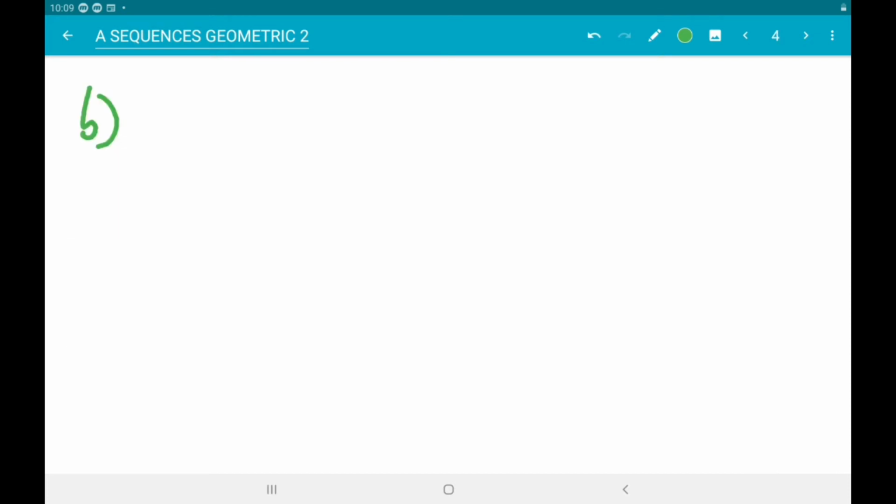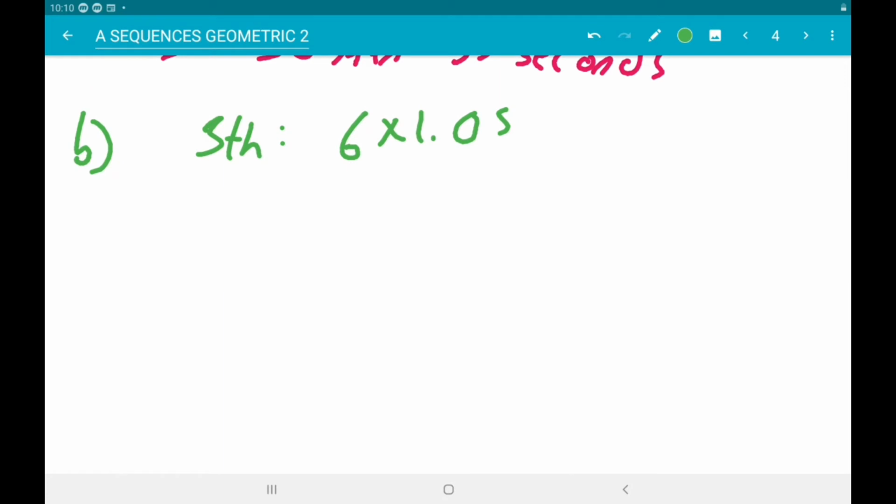So, we know the 5th kilometre was 6 times 1.05. Now we can think of that as 1.05 to the power of 1, or 5 minus 4.